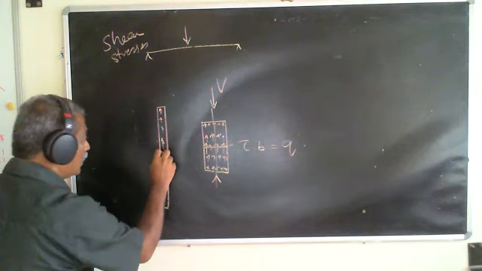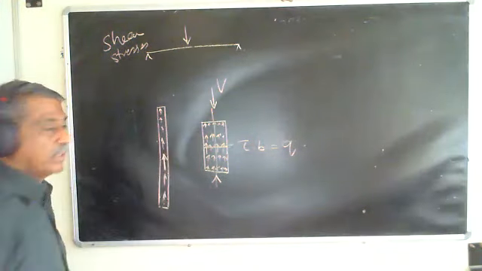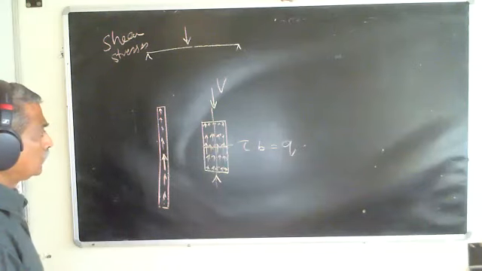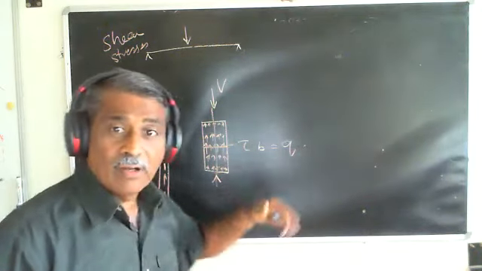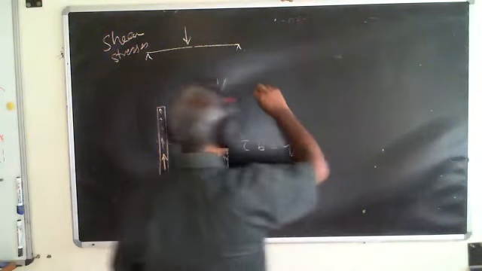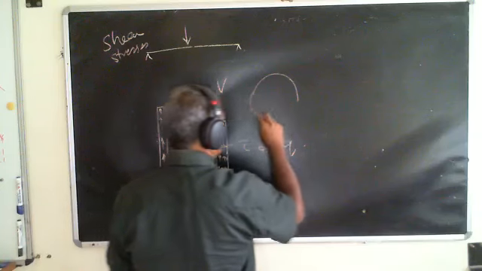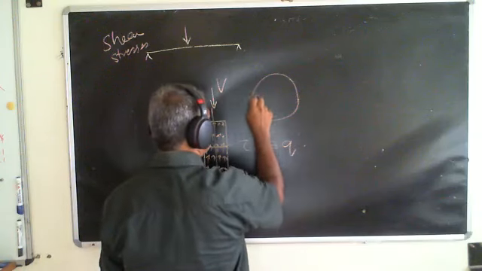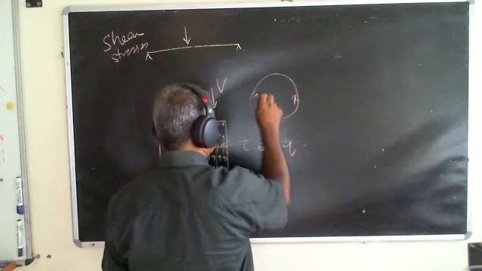This is small, this is large, and this is how it would be. Correct. Let me do it for other sections. If it is a circular cross section, what will I get? Well, that's very easy. I'll get it to be something like this.